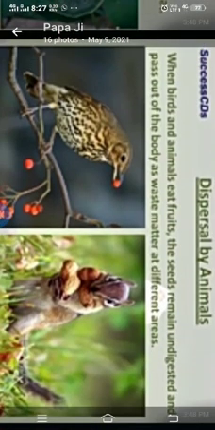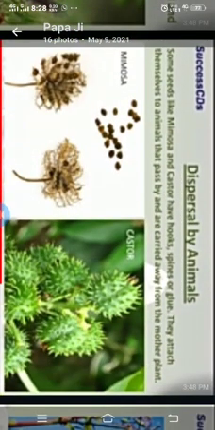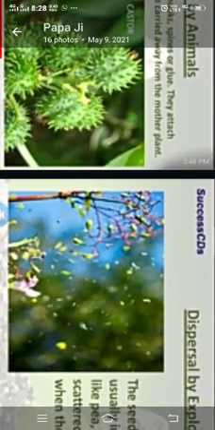Dispersal by animals. When birds and animals eat fruits, the seeds remain undigested and pass out of the body as waste matter at different areas. Some seeds like mimosa and castor have hooks, spines or glue. They attach themselves to animals that pass by and are carried away from the mother plant. So this was the dispersal by animals.